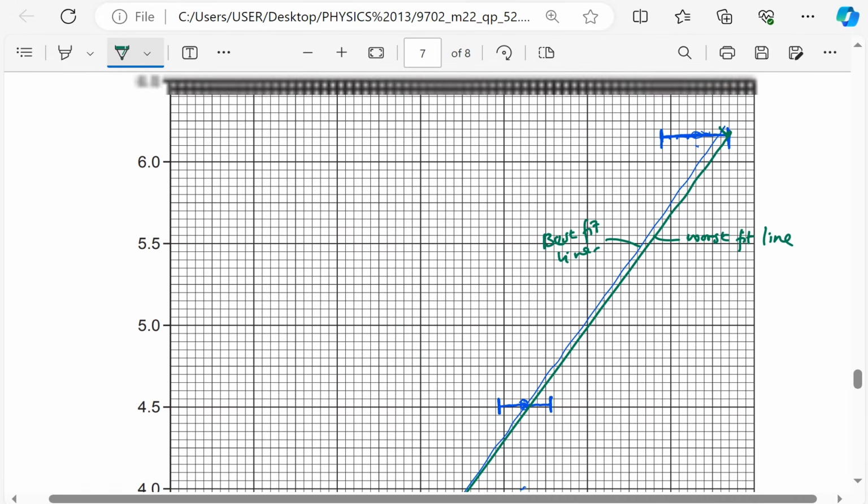The next thing is going to be finding the gradient. So I'm going to draw a triangle or triangles. If I can have 2 points for both lines, that would mean I would draw one triangle. If I fail to find those 2 points, I can draw 2 triangles for the gradient. But when I look at this, my lines may not be perfectly straight because I'm drawing on a computer, but I'm trying to look for a simpler point.